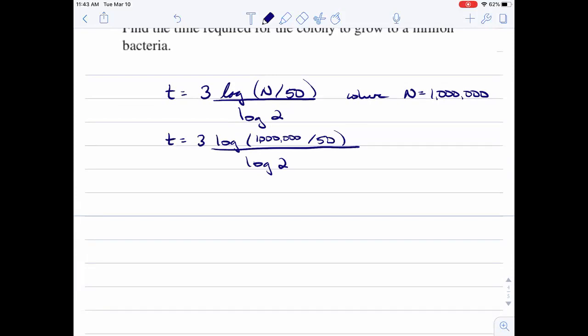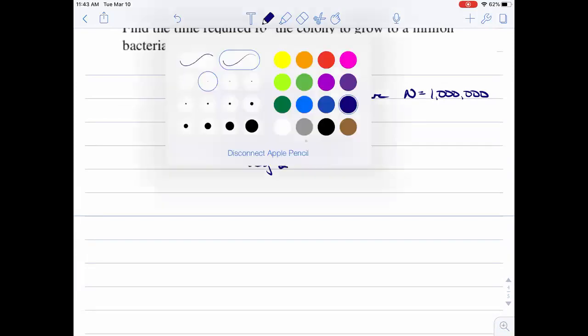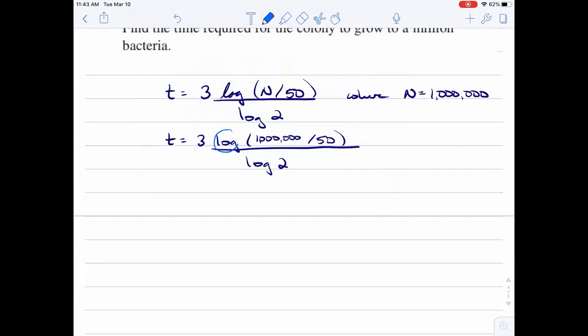So if I solve 1 million divided by 50, I need the log of 20,000. So log base 10, right? I'll make a note of that here: this is log base 10, the common log. So I want to take log base 10, because I have to specify, but you probably don't, of 20,000.